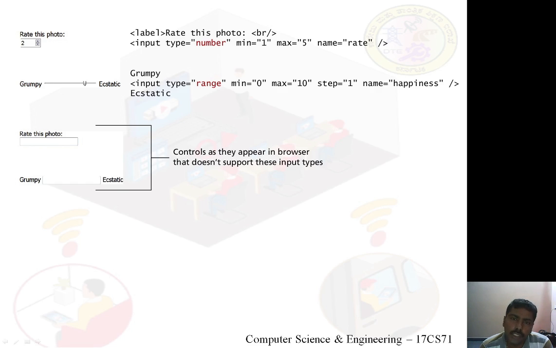In the next code fragment, I used range, and in this range the min value is 0 and the max value is 10. So with type equal to number and type equal to range, we can do validation without using JavaScript. Clear?